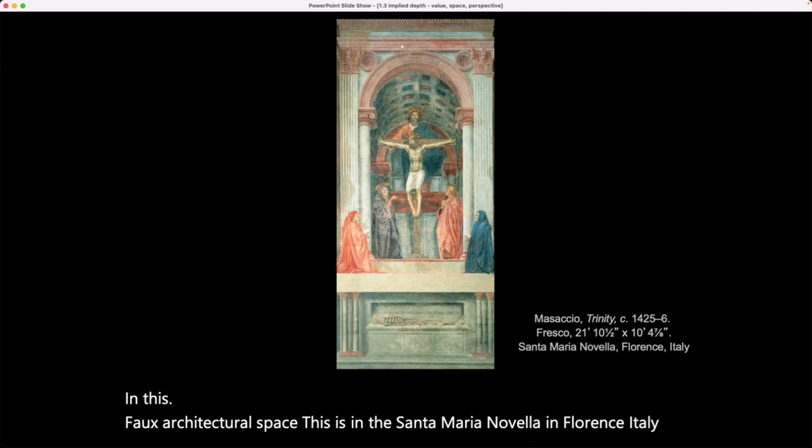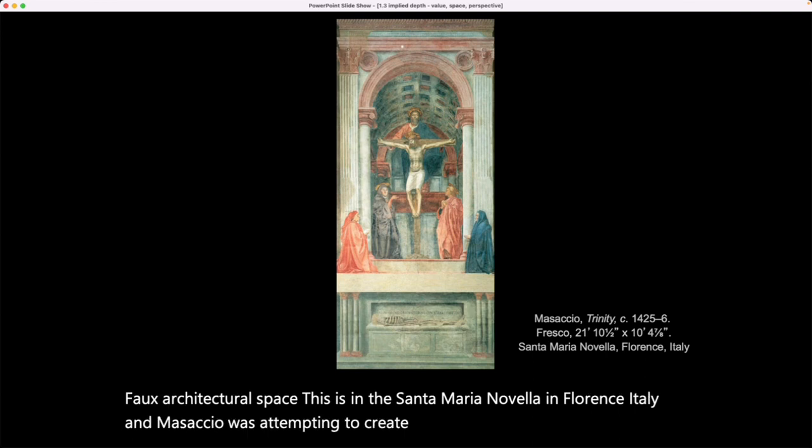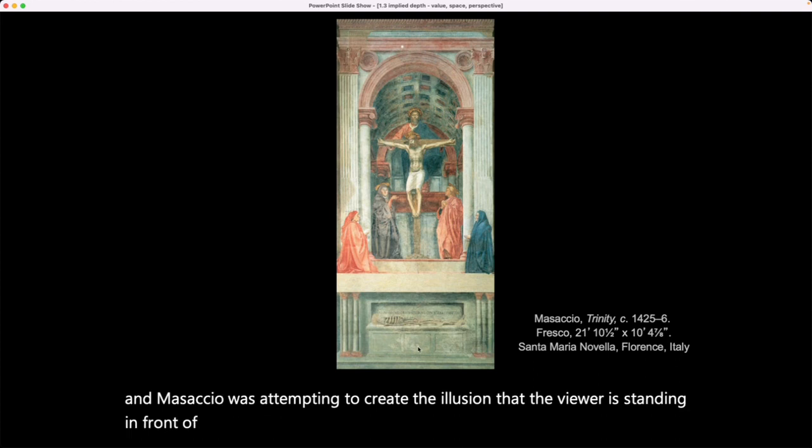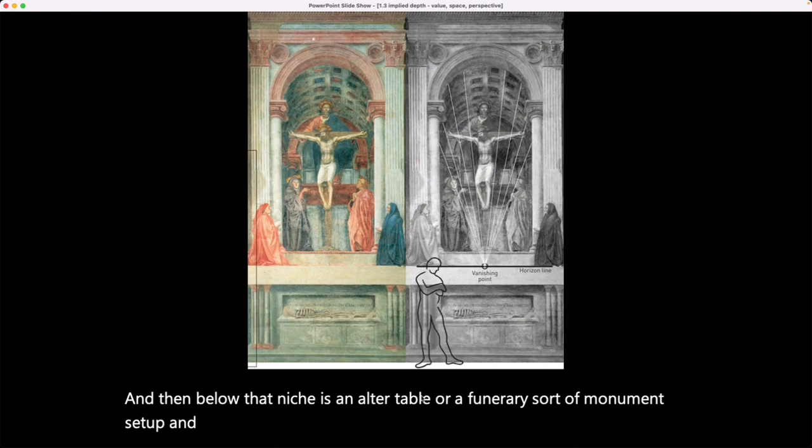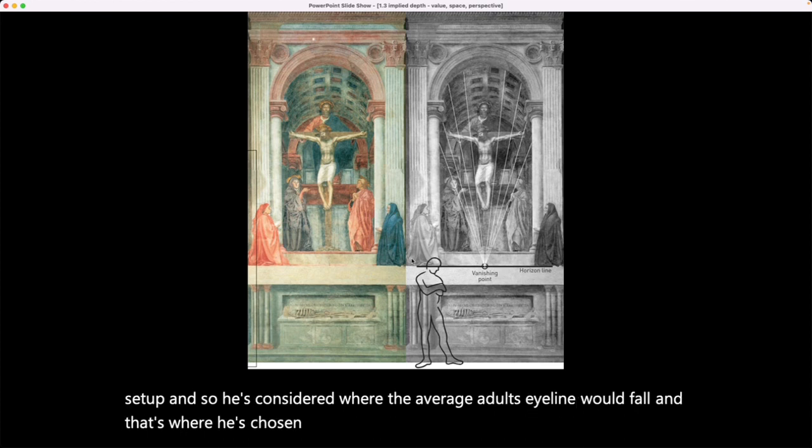And Masaccio is attempting to create the illusion that the viewer is standing in front of an actual barrel vaulted niche in the wall here. And then below that niche is an altar table or a funerary sort of monument setup. And so he's considered where the average adult's eye line would fall, and that's where he's chosen to place his horizon line.